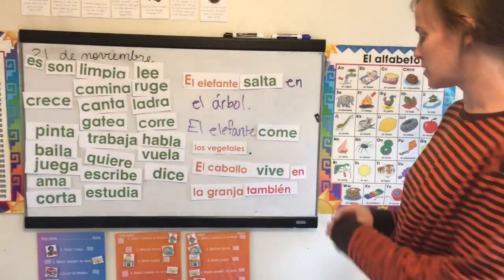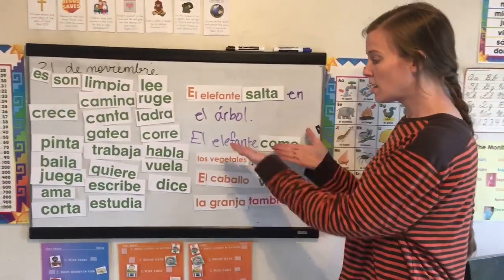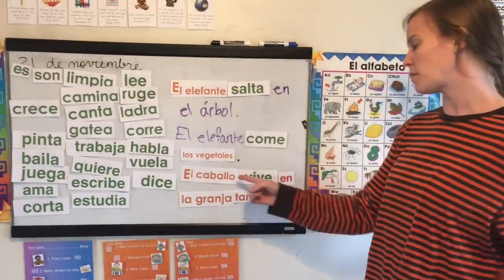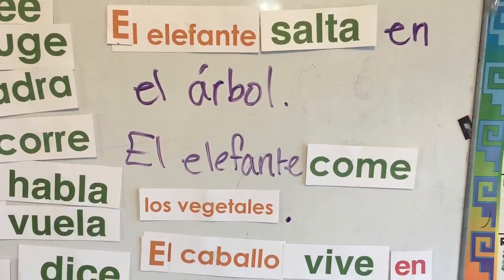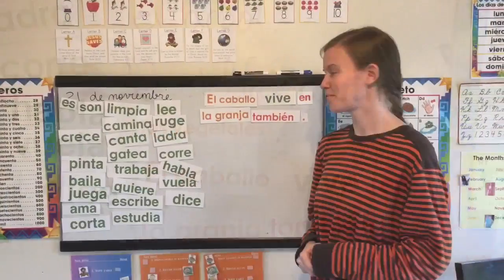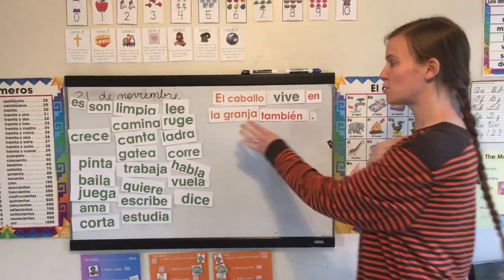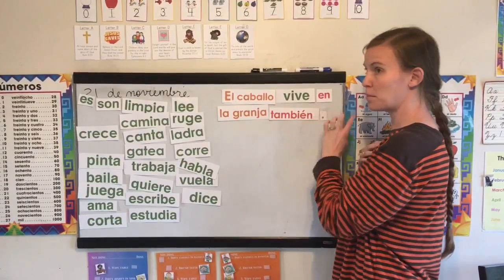También, and it's a full sentence, so I'm going to add a period. So here we have what the elefante is doing, and then we're introducing a friend. El caballo vive en la granja también. All right, so I just moved up the sentence I just wrote so I'd have more room.